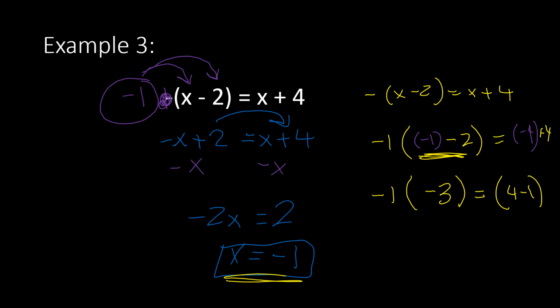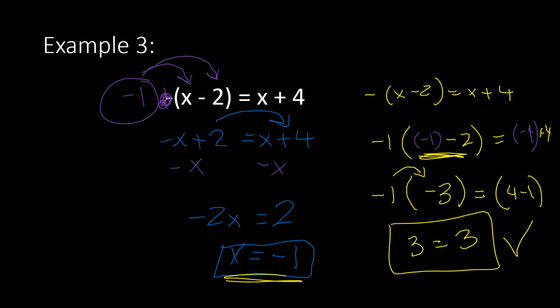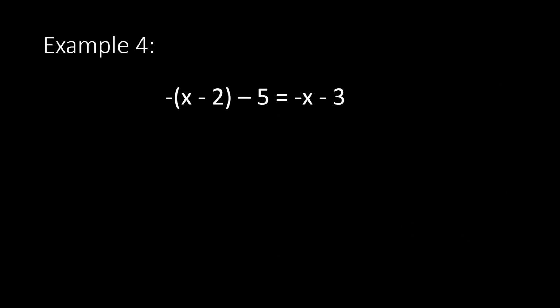And then negative 1 times negative 3, you just multiply together, and you get 3 equals 4 minus 1, that's 3. And it works because they are equal to each other, and you know this answer is correct.